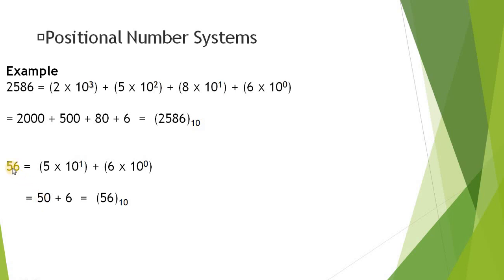Why? Because the 5 is present at the 10th position and 6 is present at the units position. So this is the main important characteristic of the positional number system: we use these symbols, and these symbols have specific values depending on their position. In the earlier example, 5 is present at the 100th position. In this example, 5 is present at the 10th position.